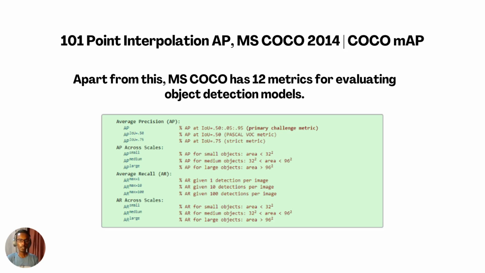For example, they computed the average precision for small objects, medium-sized objects, and large objects. They also computed the average recall, also using AR across different scales. So there are 12 different metrics used for the computation of mean average precision.